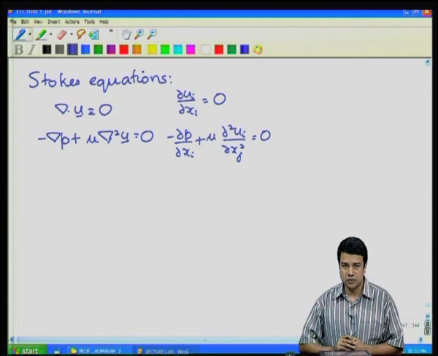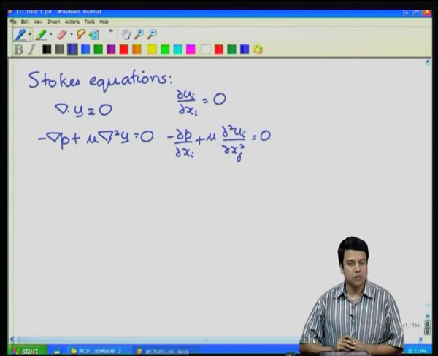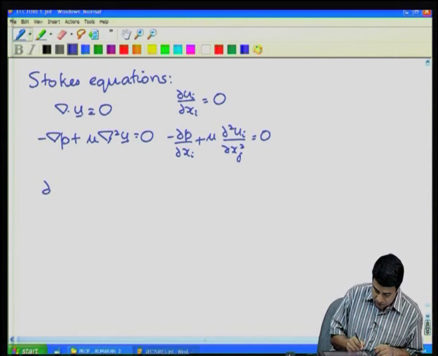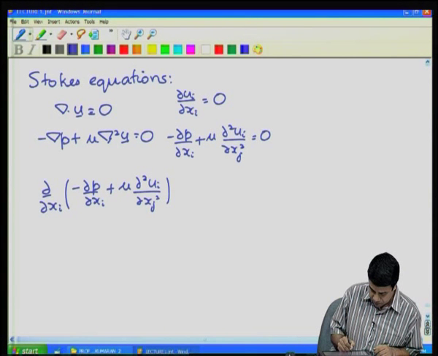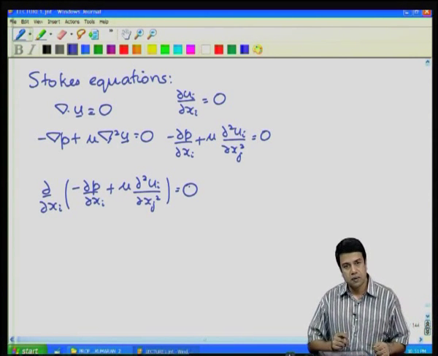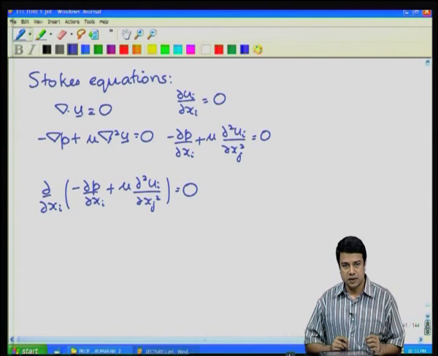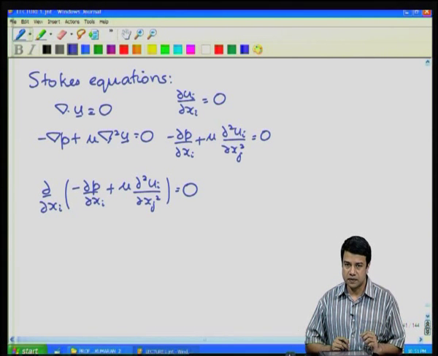And I had briefly shown you how one can reduce these equations to a set of Laplace equations. The way you do that is by taking the divergence of the momentum conservation equation. So, if I take the divergence of the momentum conservation equation, the second term is the divergence of the Laplacian of the velocity.